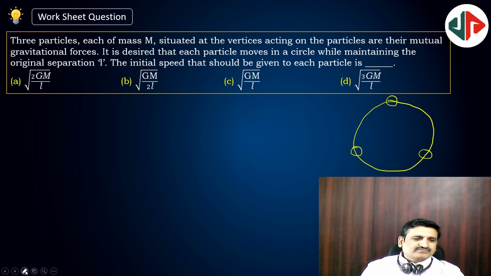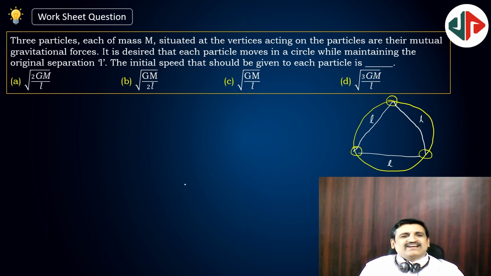Yeah, let me take another color. So this is L, this is also L, this is also L. Okay, so it's a triangle. Original separation L. The initial speed means V, that we have to find out.